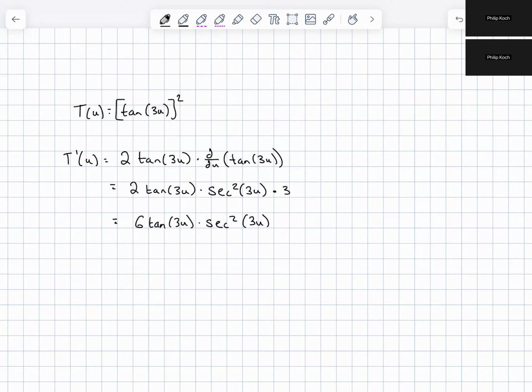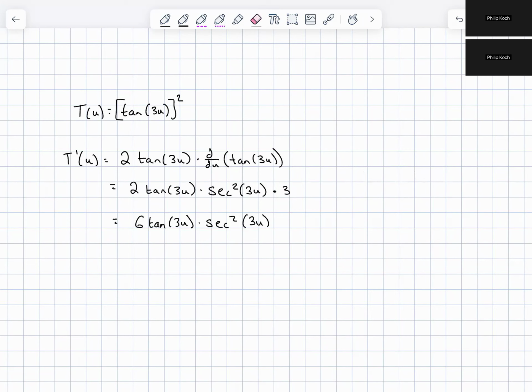There are a lot of different ways we could go about this. We can rewrite this as 6 tangent 3u times secant of 3u times secant of 3u. We could do that, and then do a product rule with a product rule inside it. That would be one option.